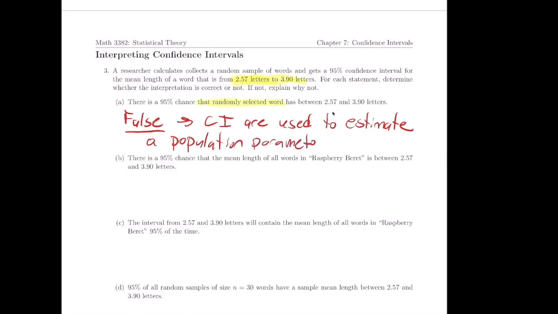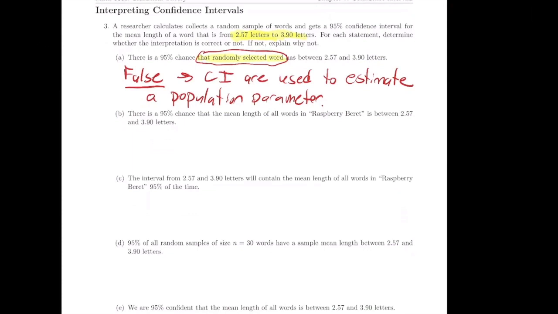So we shouldn't be using this interval to tell us anything about individuals in the population, but rather if we were to aggregate all of those things together, that's what this interval is telling us. Okay, any questions about that?